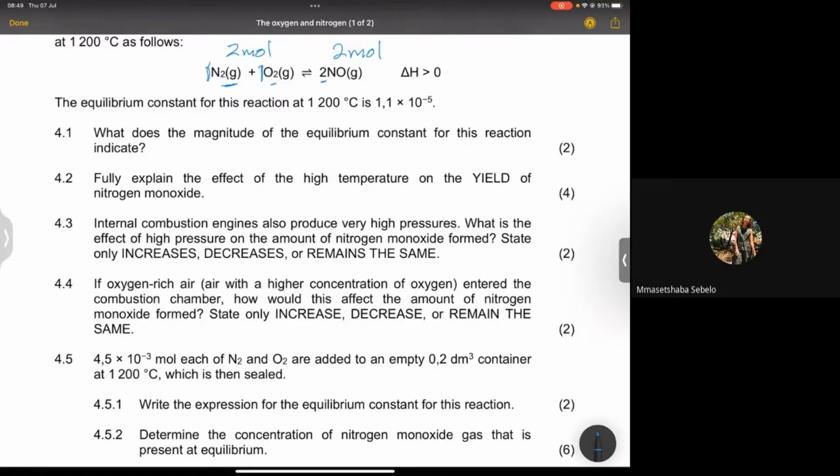We've got an equal number of gas moles on the left and on the right. So an increase in pressure will not affect any of the reactions. As a result, when they ask what is the effect of high pressure on nitrogen monoxide, it will remain the same. It will not be affected, because the number of gas moles is the same.